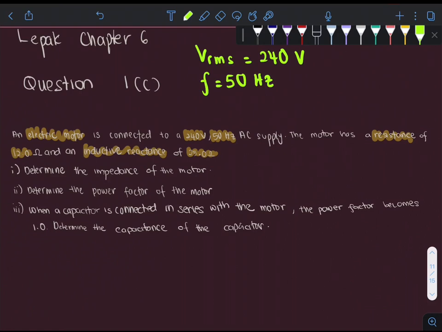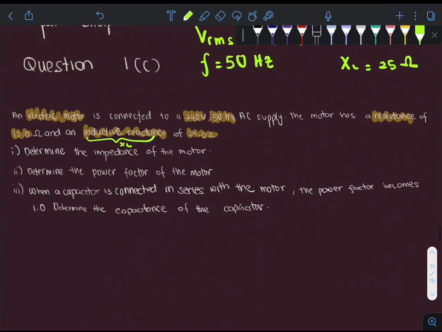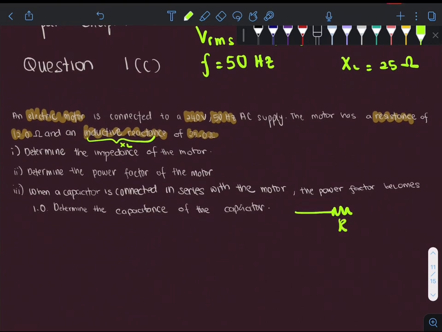So our circuit has been made up of resistance of 12 ohm and also we have inductive reactance. Inductive reactance is the Xl, which is the reactance of component inductor. So we have Xl given with the value of 25 ohm, which means that in our circuit we have resistor connected to an inductor across an AC power supply.